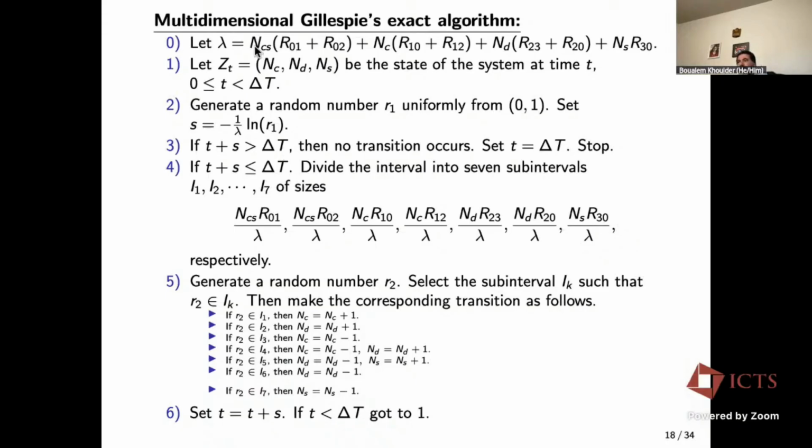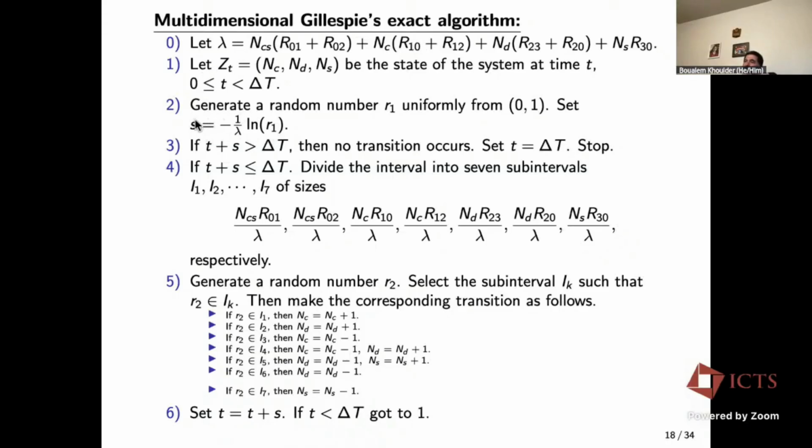So this lambda will be just the sum of all the rates of all the possible transitions, and this will give you a Poisson process, and the first time it sets the clock off will give you the first time you get one of the transitions, and then you can simulate that first time.